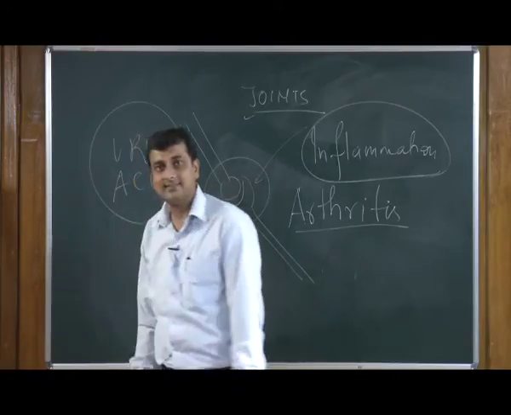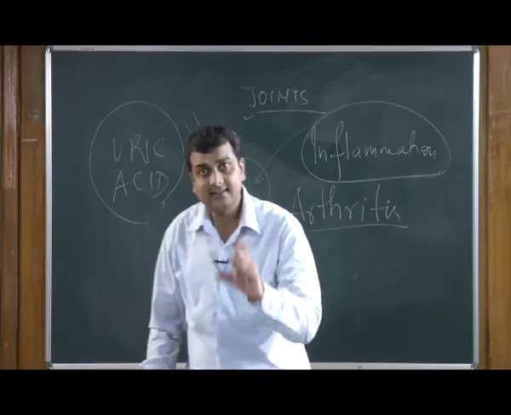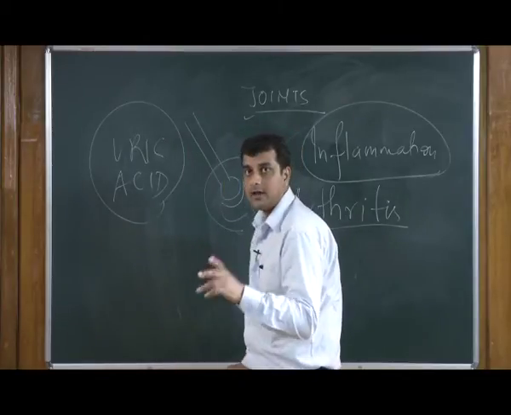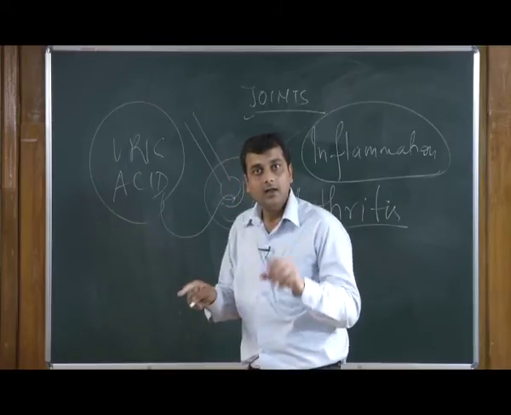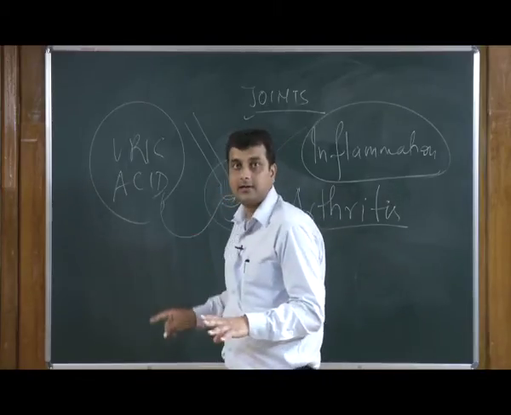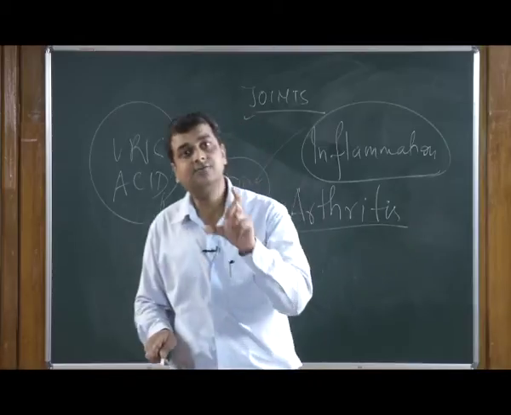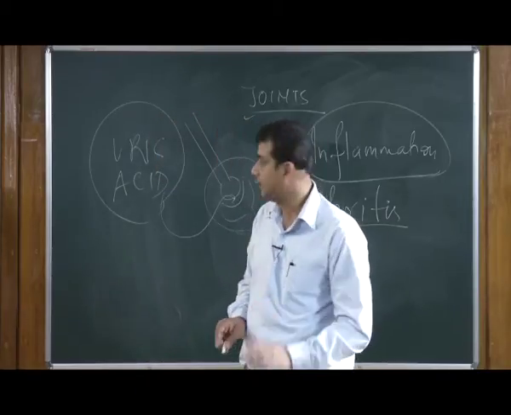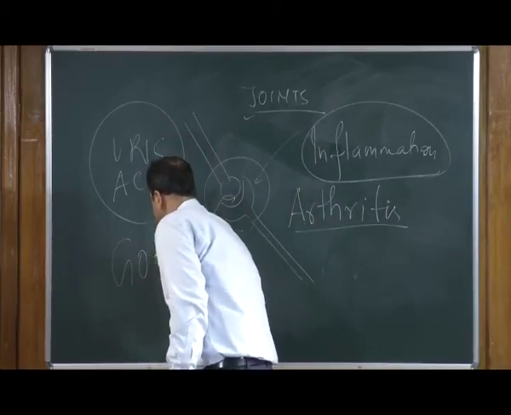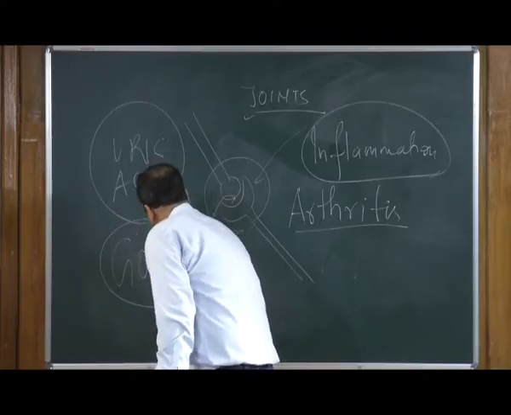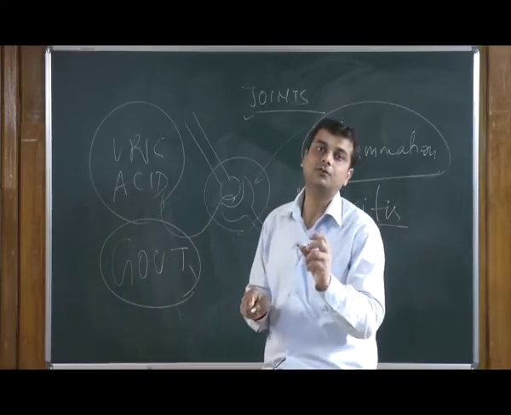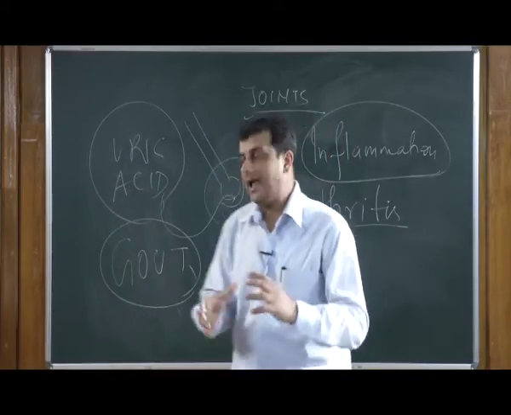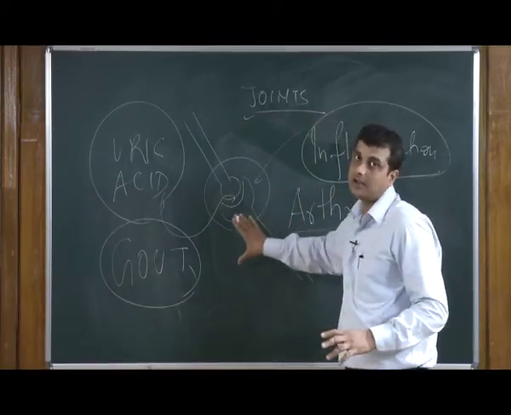If uric acid gets accumulated in the joints, you get a very painful condition in the human body, and that is called gout. So gout is nothing but the deposition of uric acid crystals in the joints, while the inflammation of joints is called arthritis.